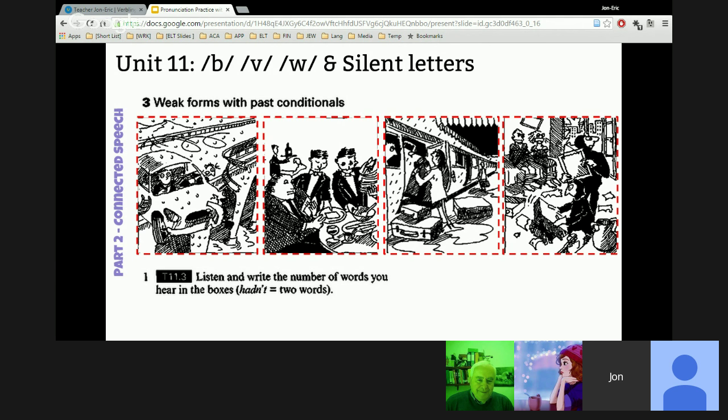Okay, so class, all of you, what's happening in the last picture? Antonio, what do you see in the last picture on the right? Burglars break into a house. The owners of the house are sitting on the couch.